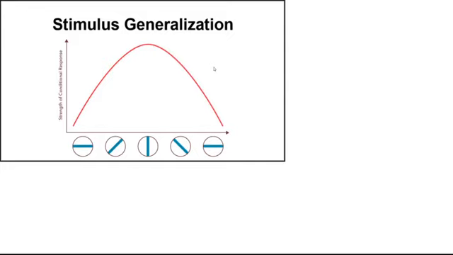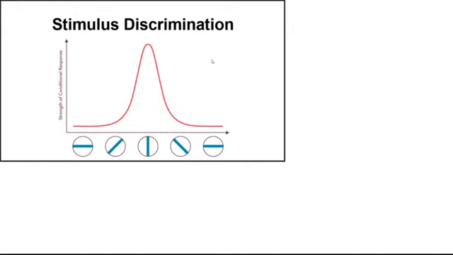And if they're responding similarly to stimuli that are pretty close to what they were trained on, we would call that generalization, same as what we did in classical conditioning. And if we look at a slightly different curve where we see a much steeper drop-off, with less responding to things that aren't that original stimulus they were supposed to respond to, then we see a much steeper curve like this, and we could say that they're discriminating.